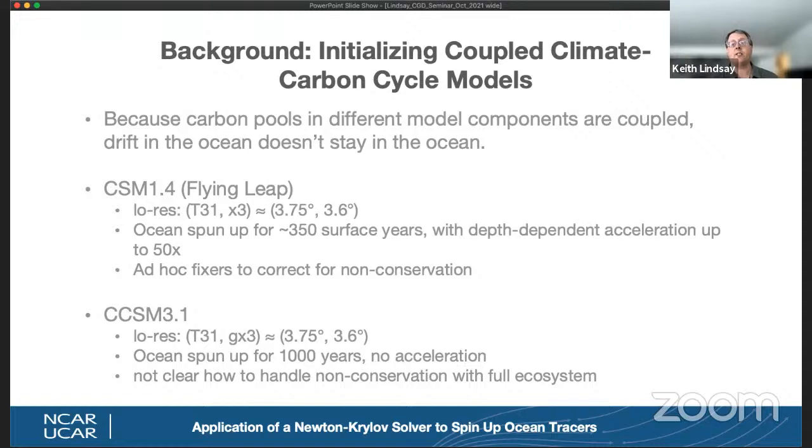In this case, we just ran the ocean model for 1,000 years, and we did not apply the depth-dependent acceleration, primarily because we were doing this experiment with a full ecosystem model, and the fixers get much, much more complicated when you have different constituents that are not conserved. It's hard to generalize the ad hoc stuff that we had done previously to the more complicated full-blown tracer package that we were using in CCSM3. So we ran for 1,000 years and lived with the drift.